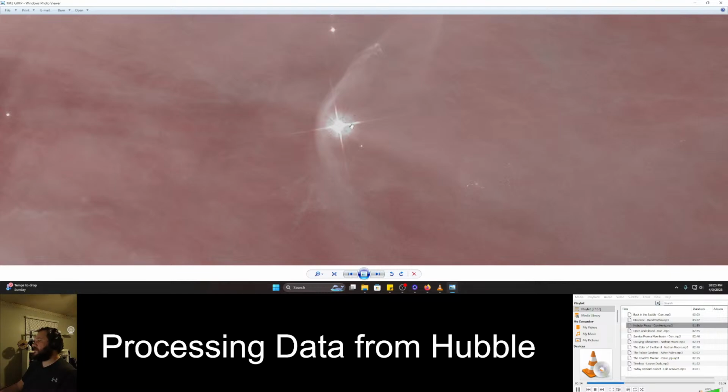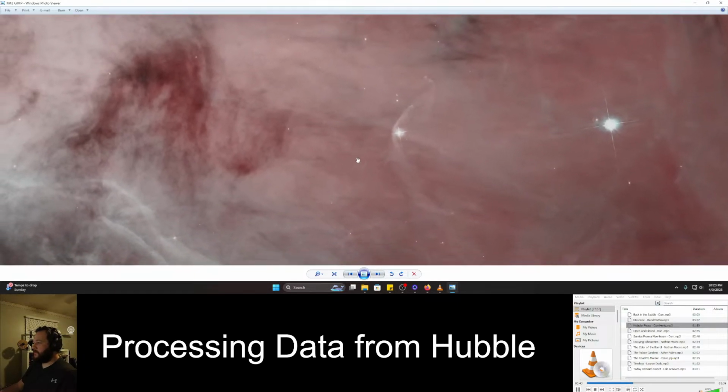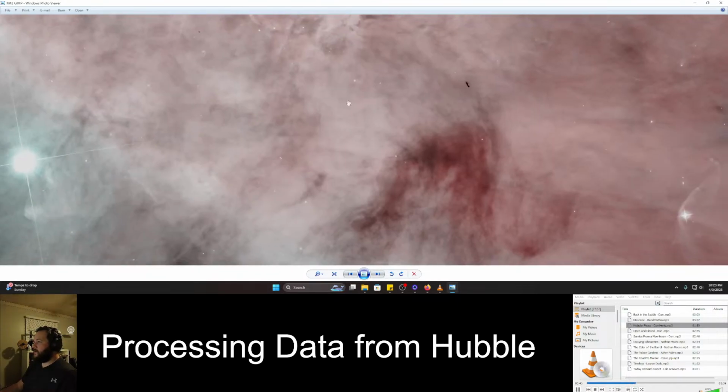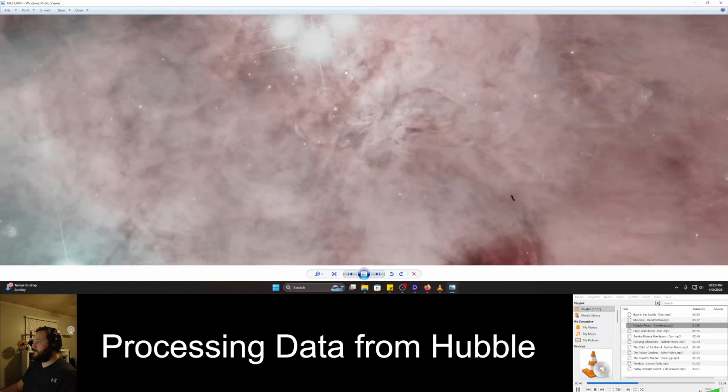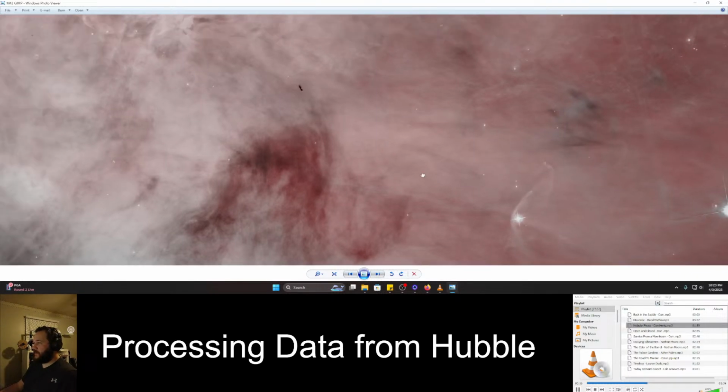But this one is obviously inside the nebula and is just, its solar wind is just making this huge bow shock. So all of this gas and dust and everything that's getting blown out by these massive stars here, well, this one's solar wind is pushing back almost as hard.